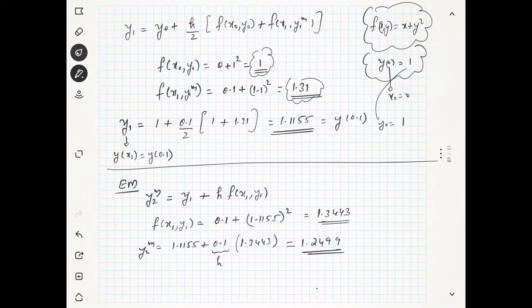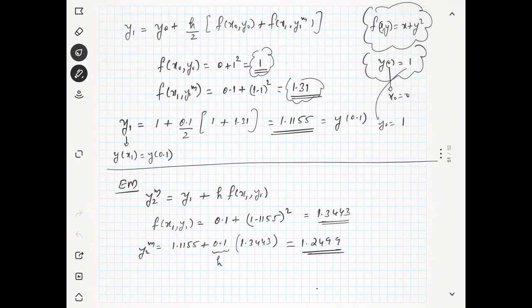Now you can calculate y2 by applying the formula for modified Euler's method.